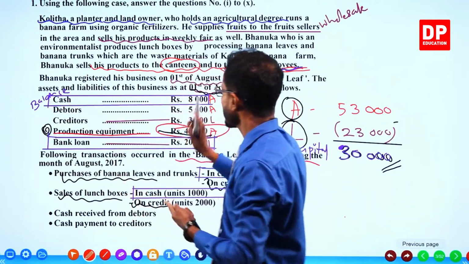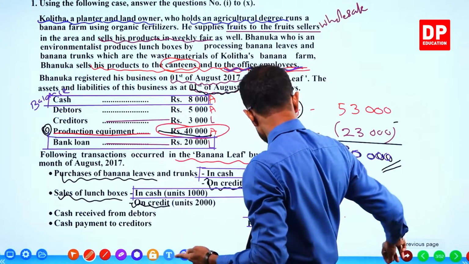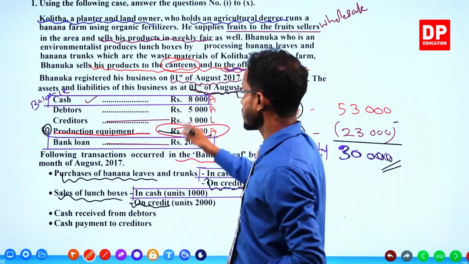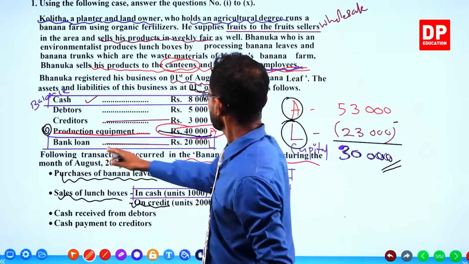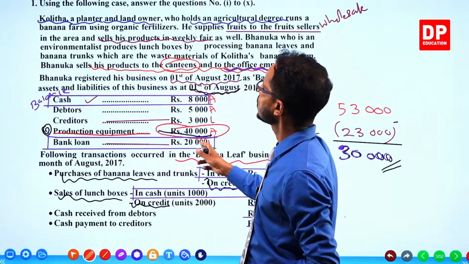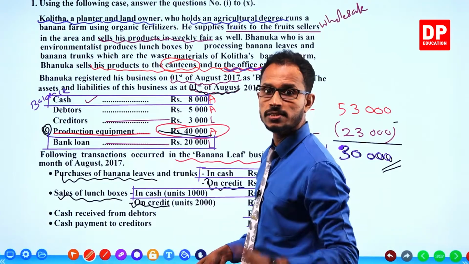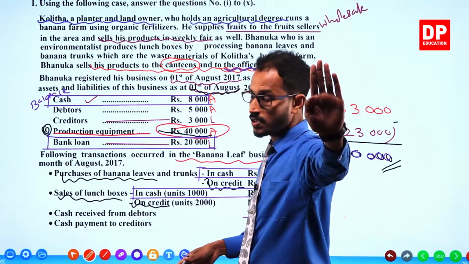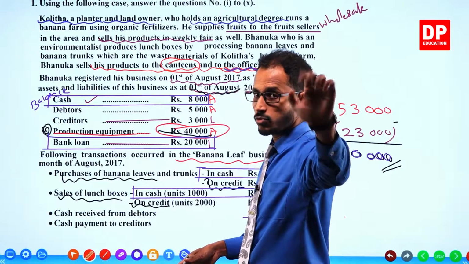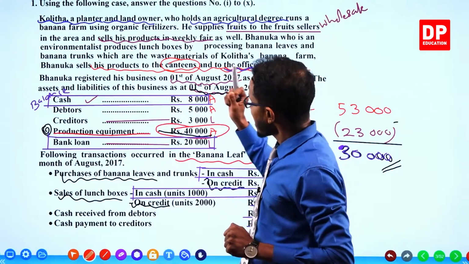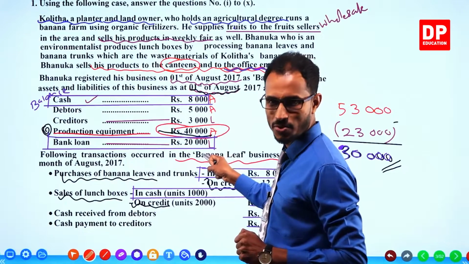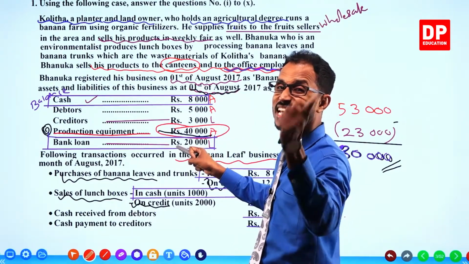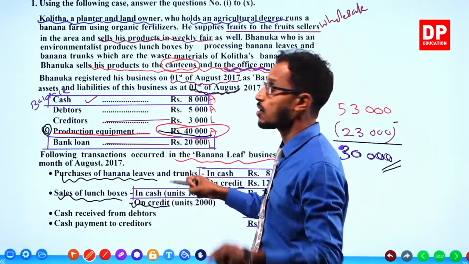Cash balance 8,000. We have to take the cash balance, and bank loan 20,000. Oh, wait. See, now these are the places that you have to be careful. These are the assets and liabilities given, as at the first date of the month, beginning of the month.